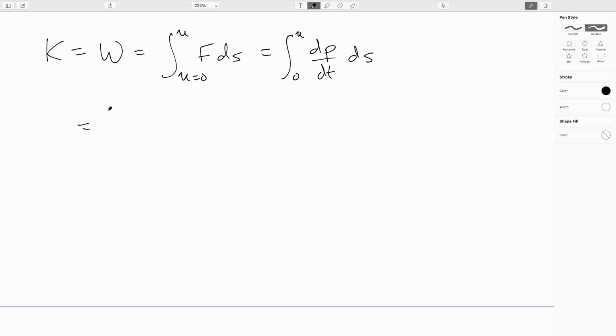Now we can go ahead and put in Einstein's revised momentum definition, d/dt of gamma m u, ds.